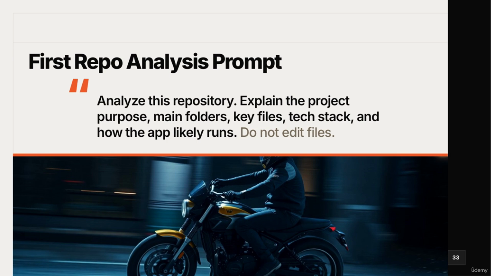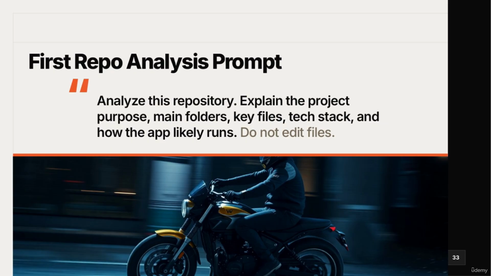Following that, we'll examine the technology stack being used, including programming languages, frameworks, and any noteworthy libraries or tools. Finally, we'll discuss how the application likely runs based on the structure and components present, without making any direct edits to the files themselves. This comprehensive analysis will give us a clear understanding of the repository and its workings without altering the original code.